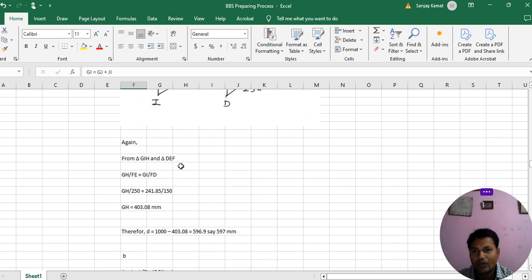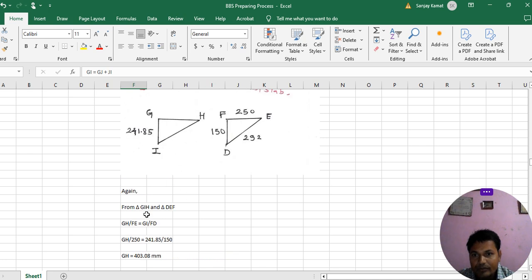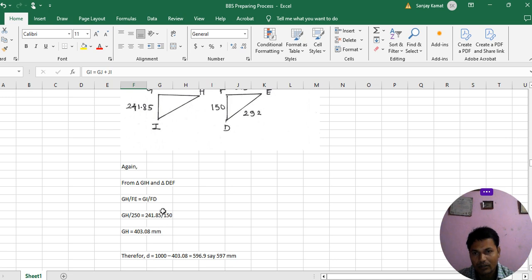Okay, so now in this figure we have GI. GI is 240.85, and FD is 150. Okay, so we write it down just below, at the numerator, and the denominator.